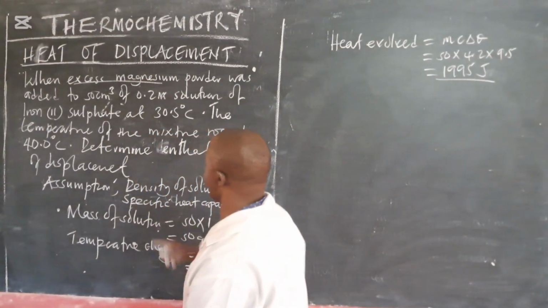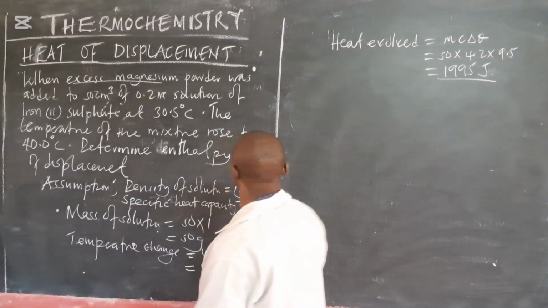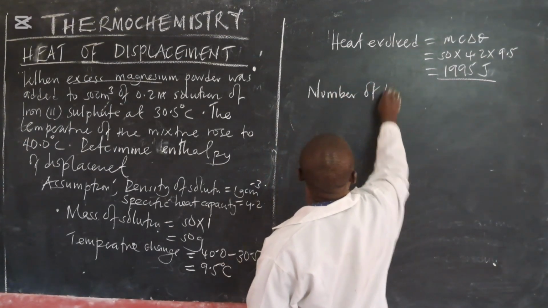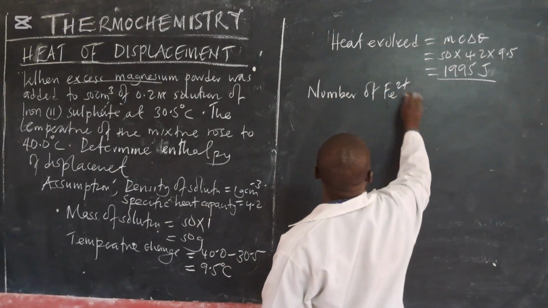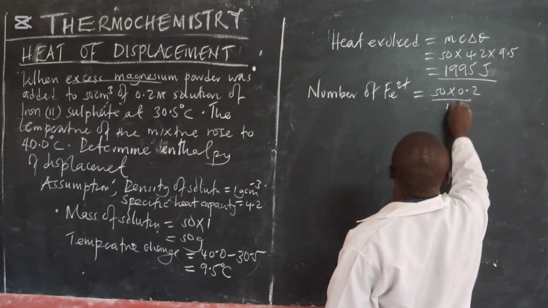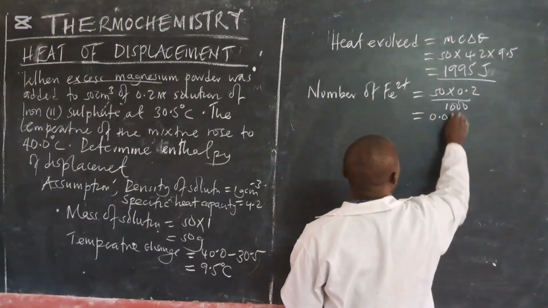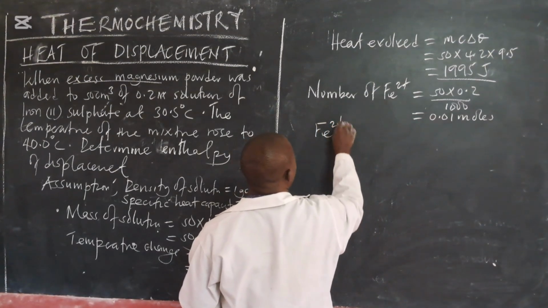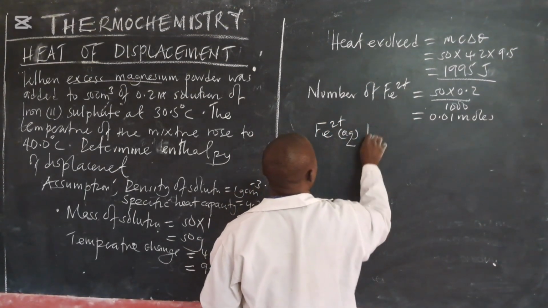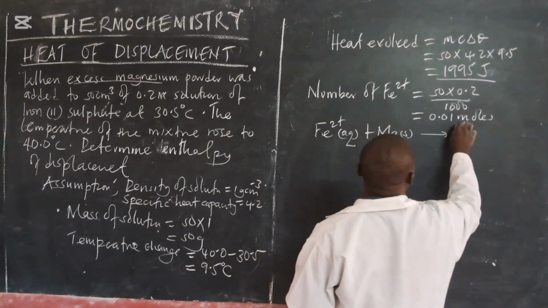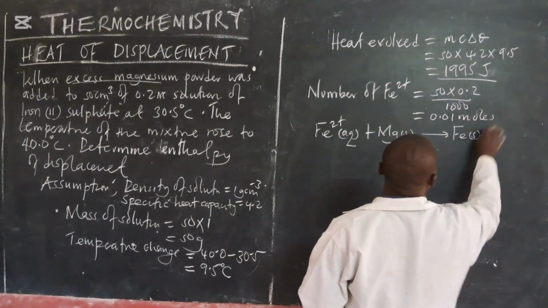Now we look for the number of moles of the solution used. So number of moles of iron 2 ions will equal 50 times 0.2 out of 1000, so 0.01 moles. So we are interested in what happens after magnesium is added to iron 2, it displaces iron.